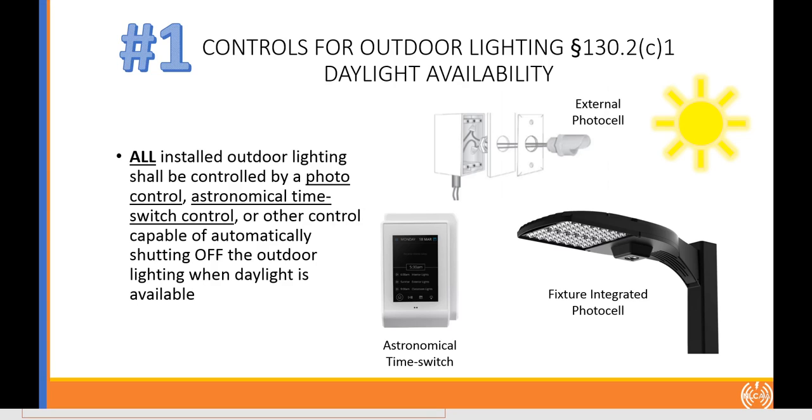We could use an astronomical time switch in lieu of a photo control. A lot of times, manufacturers that make time clock devices or have the capability of doing time scheduling will offer the astronomical capability, and I would say majority of them do. And if that is the case, you could just utilize that capability, and you'll meet this first requirement.